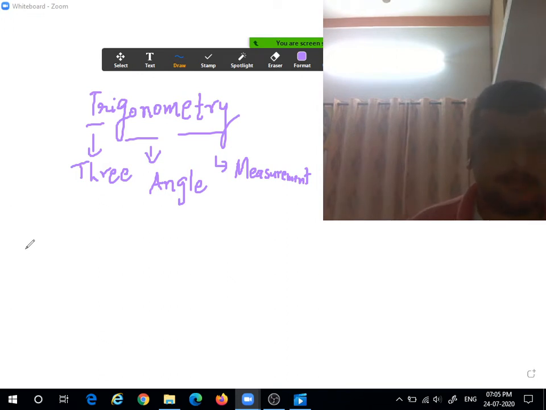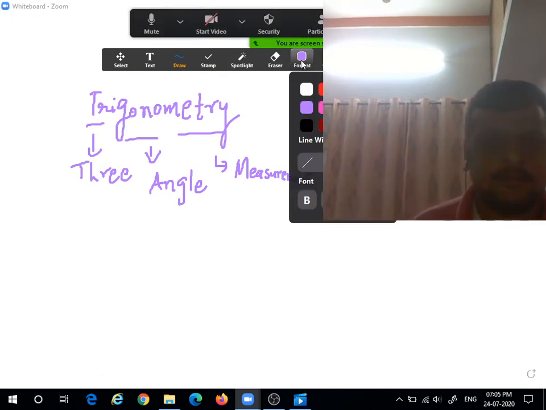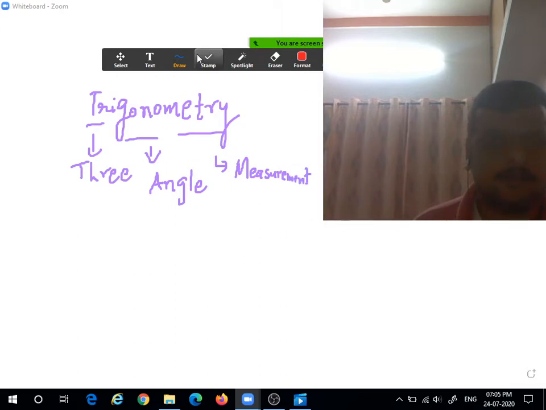Say for example, we consider a triangle. It is always most important that it is defined in a right angle triangle.